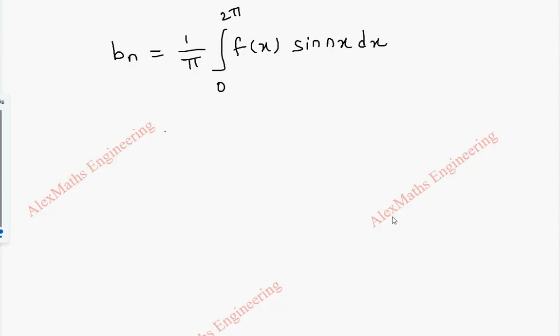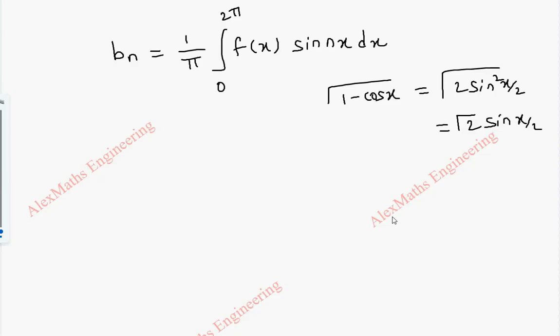Now, in the same way, we are going to find Bn. So the formula for Bn is 1 by pi integral 0 to 2 pi f of x into sin nx dx. And already f of x is 1 minus cos x we know. This, by applying the formula 2 sin square x by 2 and taking the square root, gives root 2 and sin x by 2.